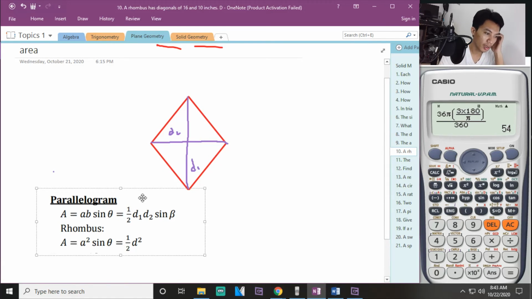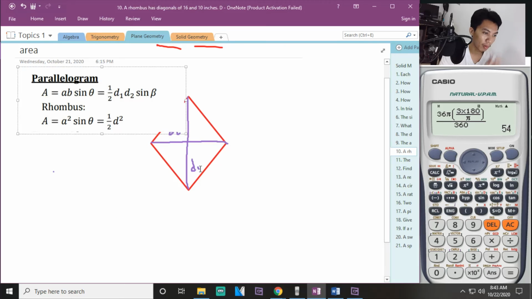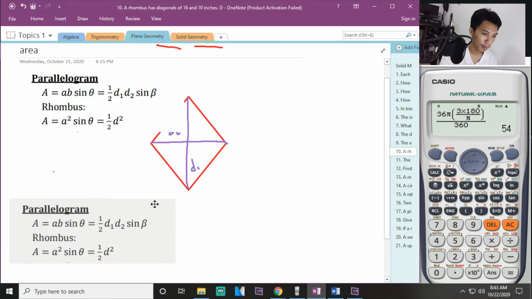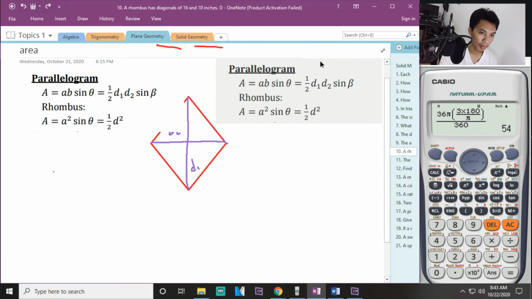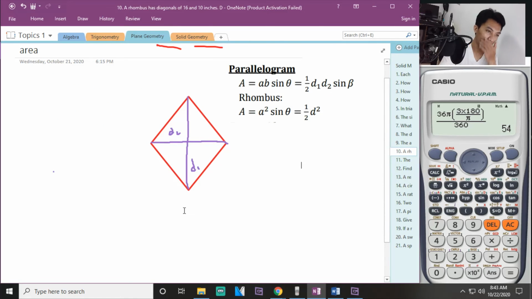Yan. This is the area of your parallelogram or the rhombus. Ayan. So, you have the formula. Bakit, sir, naging ganito? Okay?